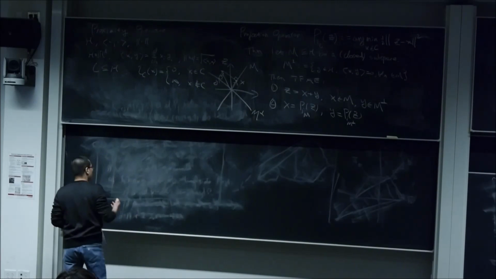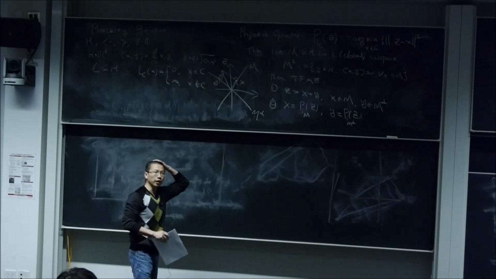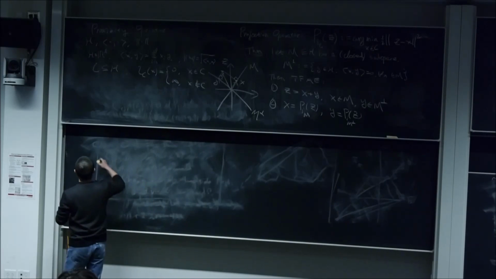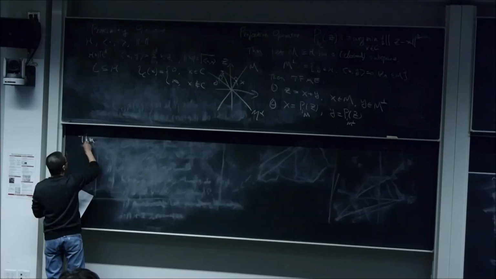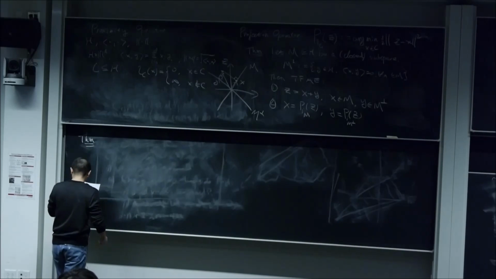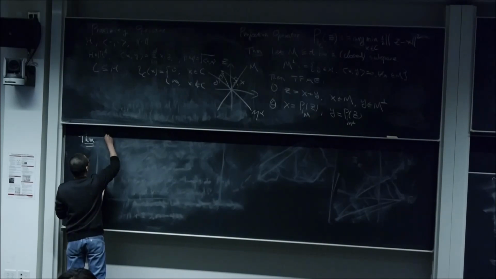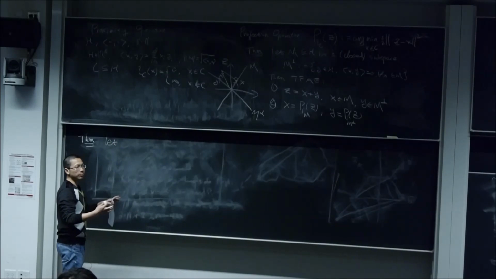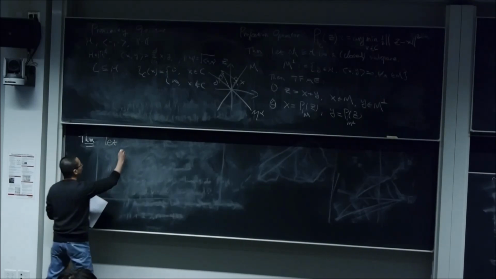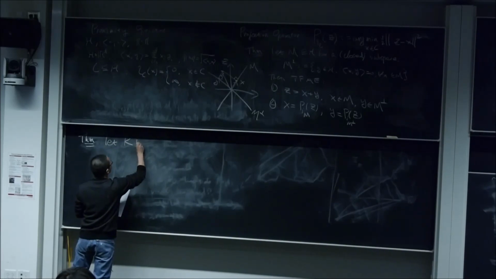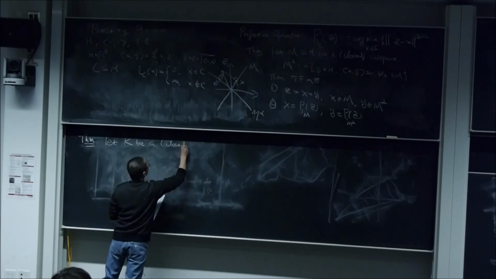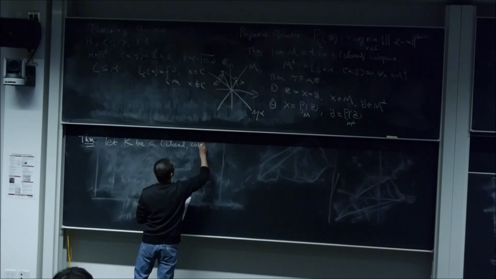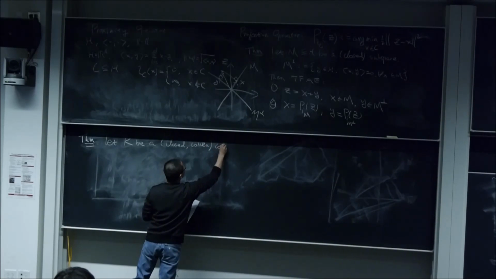So now the goal is to generalize this theorem. First, a mild step is another theorem. Instead of a subspace, now we take a cone. Let K be a closed convex cone.